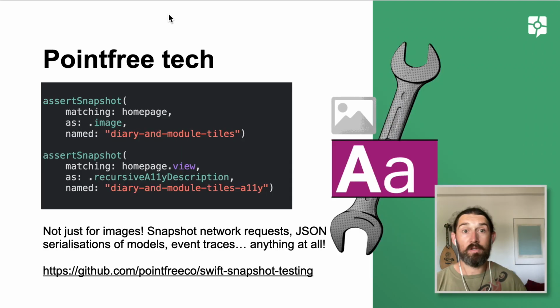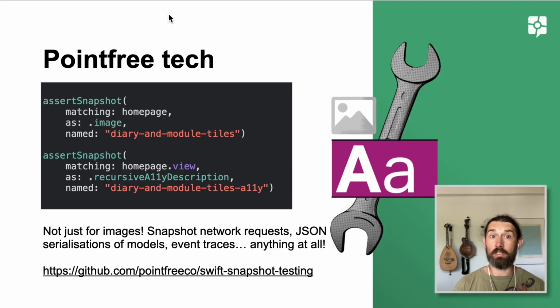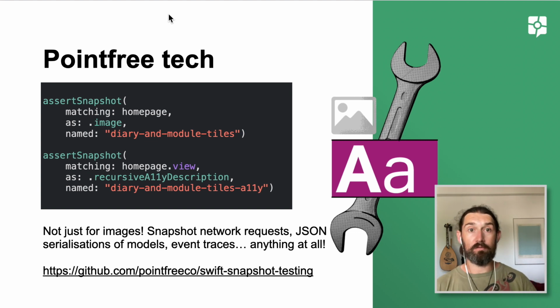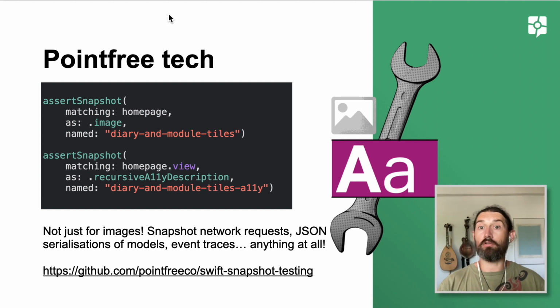And then Point Free tech is really nicely designed as an architecture to allow you to swap in other kinds of snapshot testing and still get the benefit of the general structure of a snapshot test. So the top line of code here, assert snapshot matching homepage as image, that's the one that generated the snapshot that I just showed. The next line is the one that generated our recursive accessibility snapshot.